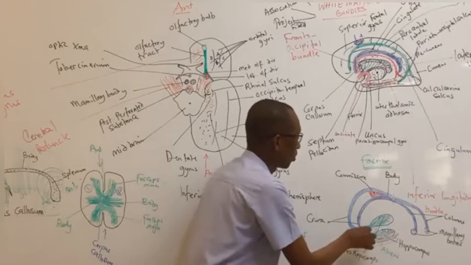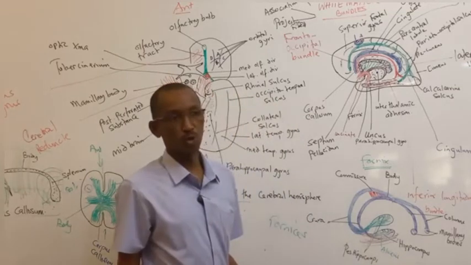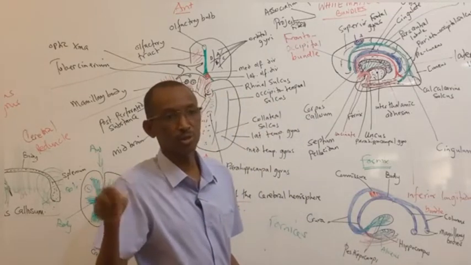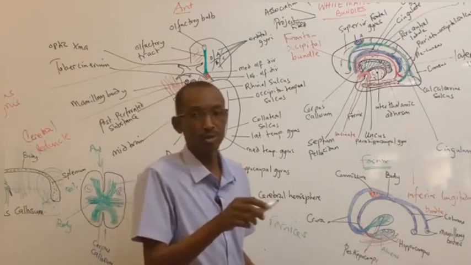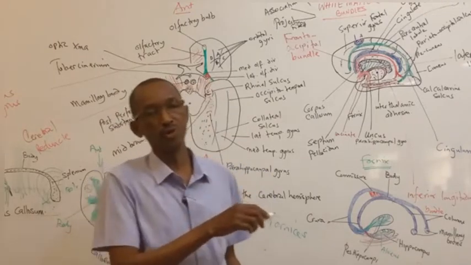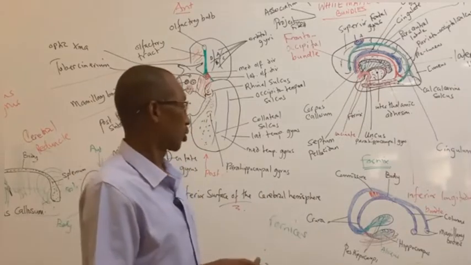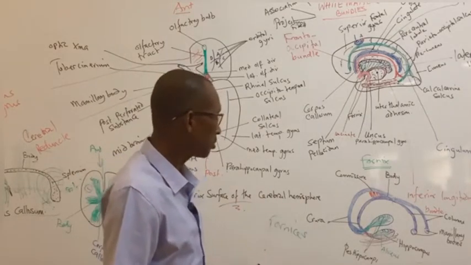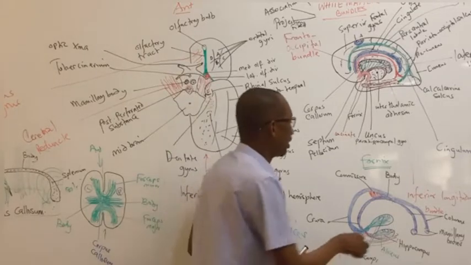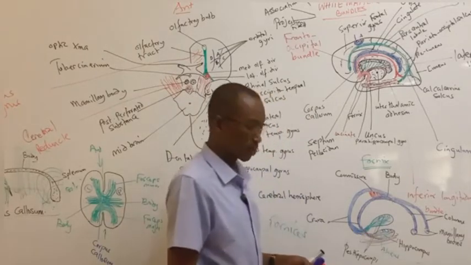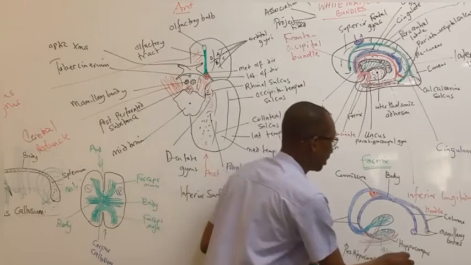They pass through into the fornix. When we discuss the circuits, because there are so many connections, we will refer back to this fornix and its details. You see, the hippocampus is called hippocampus because it looks like a seahorse.